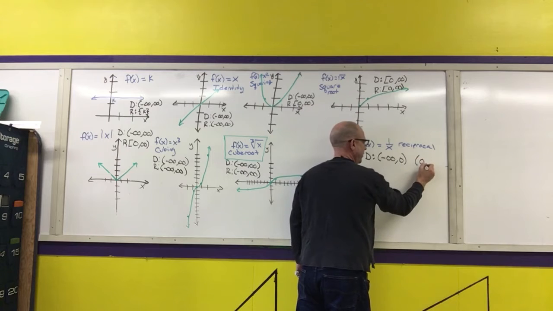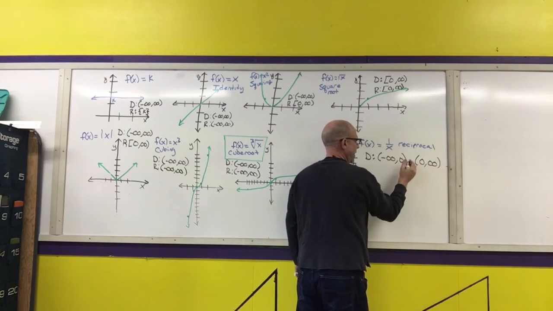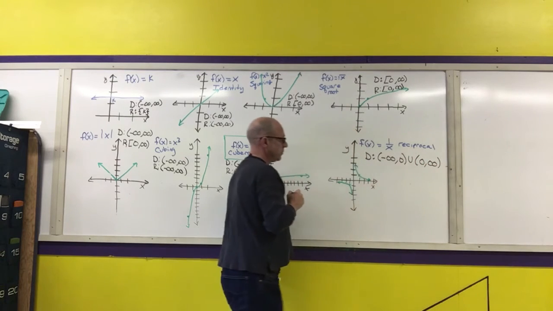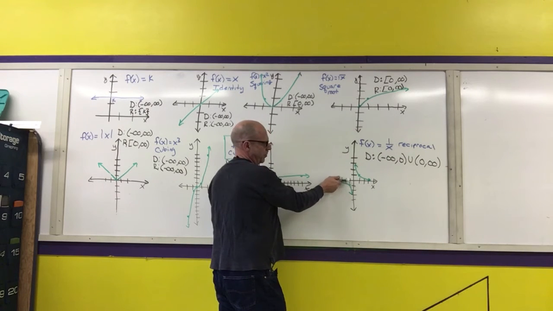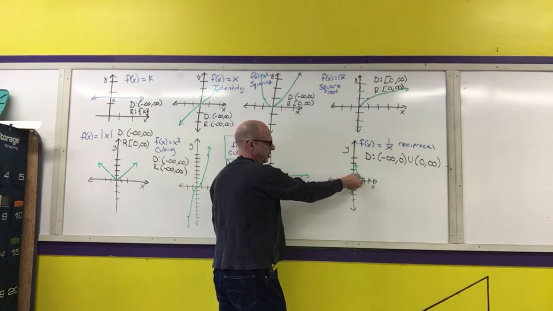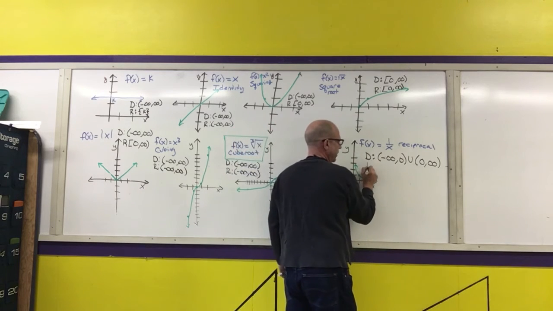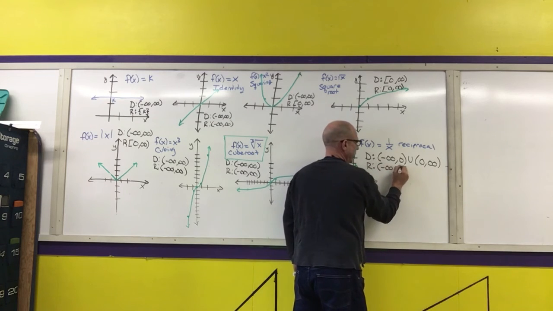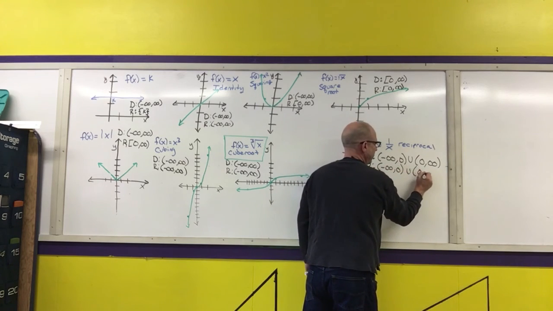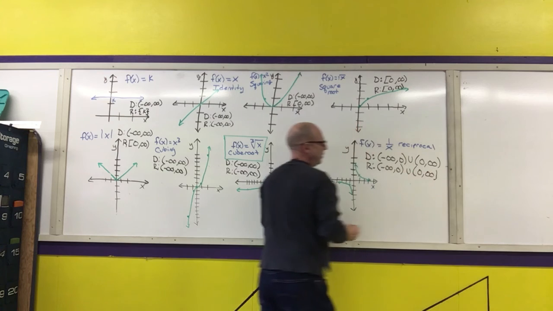Every positive number, 0 to infinity, not inclusive, and I union those. My range, my y values go from negative infinity up to but not including 0, and from 0 up to positive infinity. So my range would be from negative infinity to 0, unioned with 0 to positive infinity.